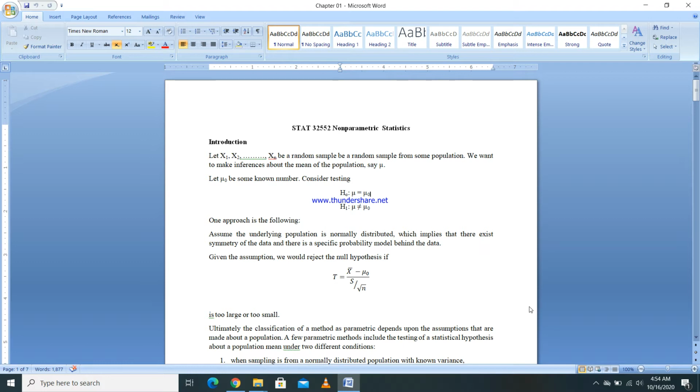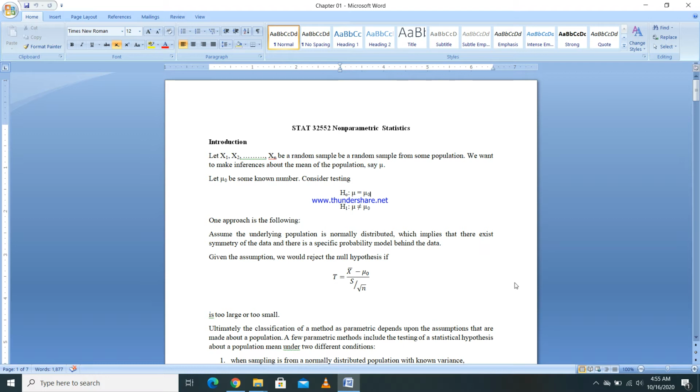Non-parametric statistics. The first question that I have to ask you is, why do we use non-parametric statistics? Now in statistics we say there are two branches, parametric and non-parametric, and parametric methods are more accurate, they have high accuracy.